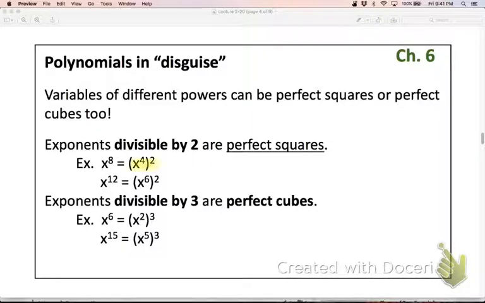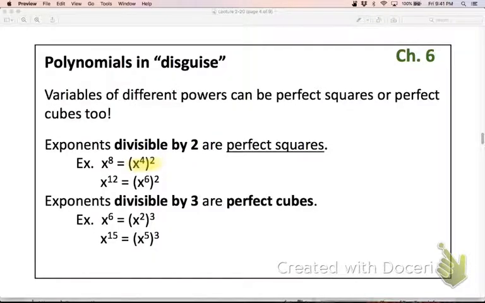If I took x to the 4th and raised it to the 2nd power, the rule is to multiply those exponents. So we would get x to the 8th. Well, if I wanted to unsquare x to the 8th, we would do that in reverse, so I would divide by 2. That's how I figure out what is being squared. So anytime you see an even exponent, that means it's divisible by 2, and that means that it's really a perfect square in disguise.